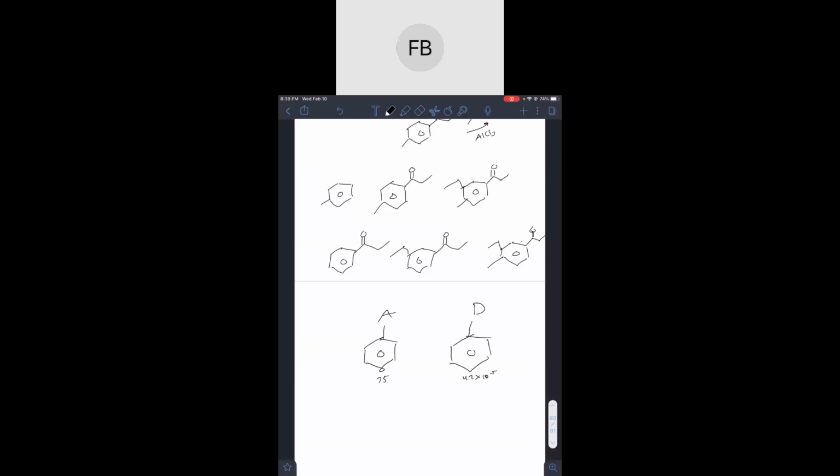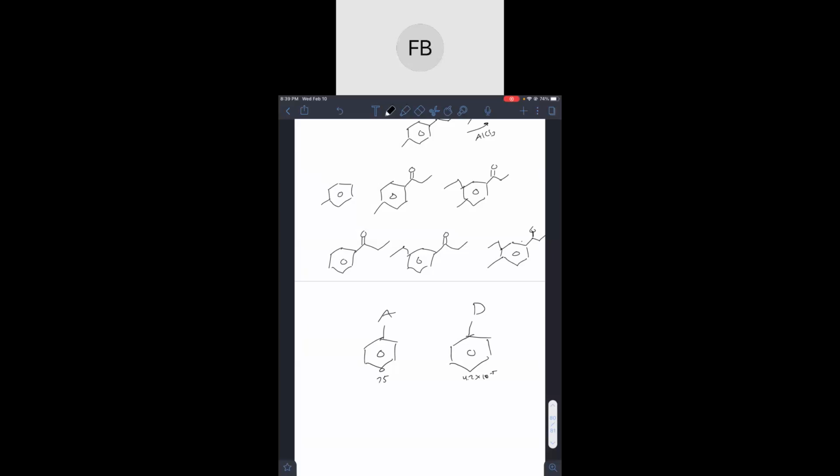Wait, I have just a quick question. When we have synthesis problems like that, should we always add the activating ones first and then go to the deactivating ones? Yes, absolutely. Sometimes it won't work so well because of the directing aspect, which is the other thing. Those are the two major things you need to juggle, which is why these questions are a little bit tough. You need to juggle where it is directing versus how much it is activating.